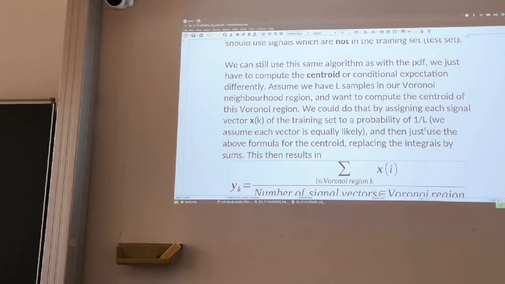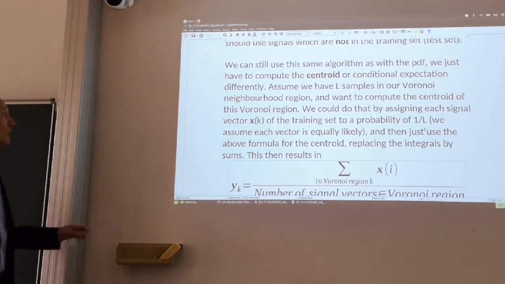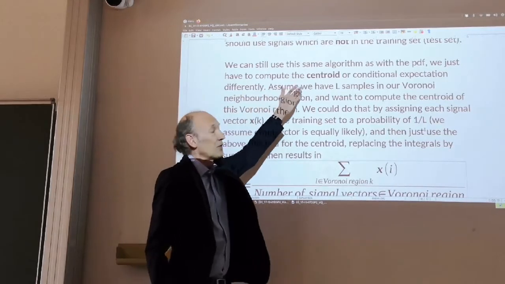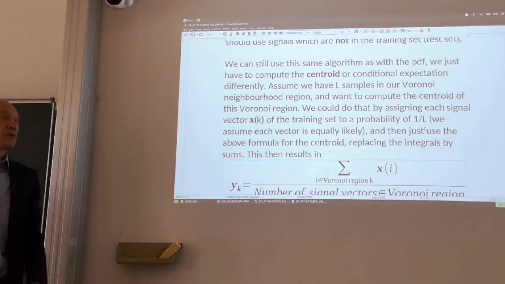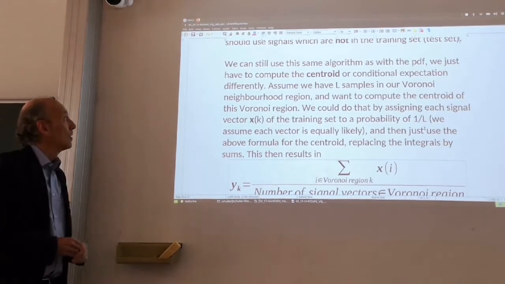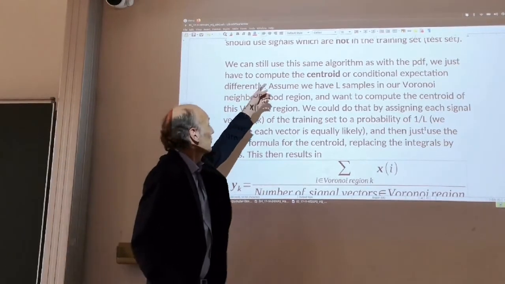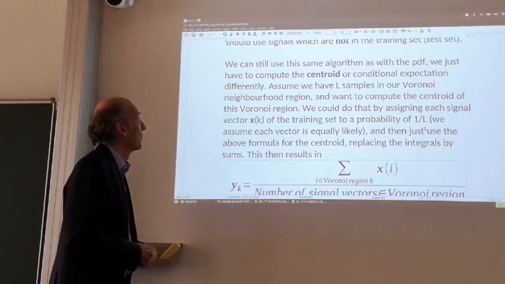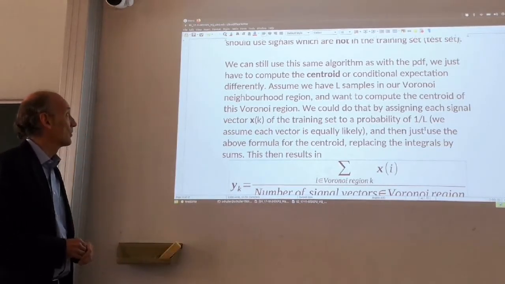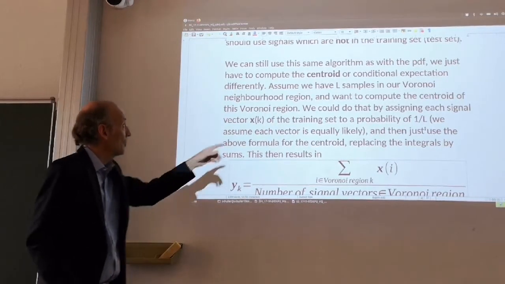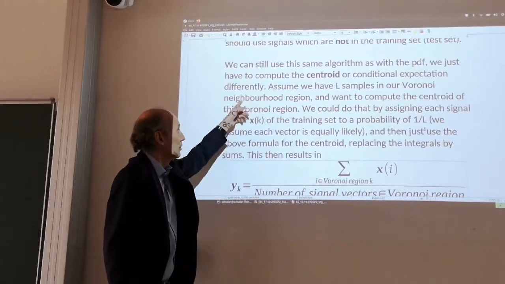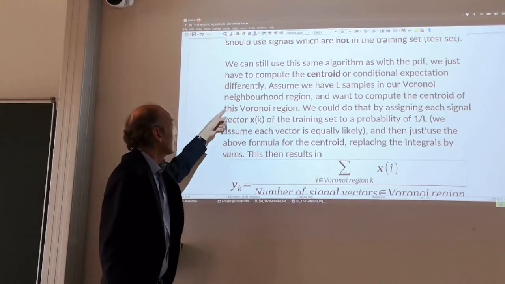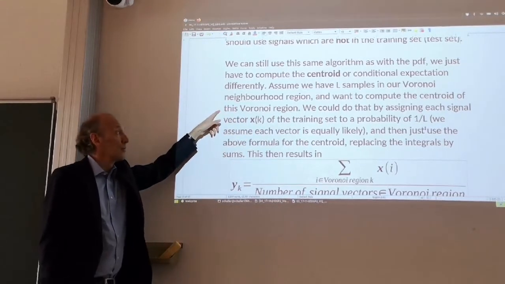Yeah, and the approach now to compute the centroid is slightly different. Since we have a training set instead of the PDF, we have to modify the computation of the centroid or the conditional expectation accordingly. So assume we have L samples in our Voronoi neighborhood region and want to compute the centroid of this Voronoi region.